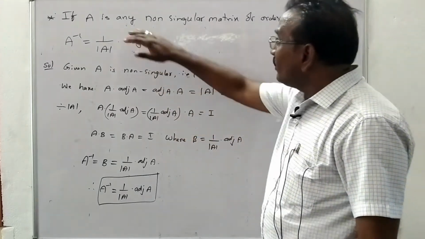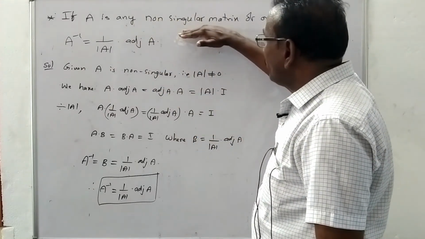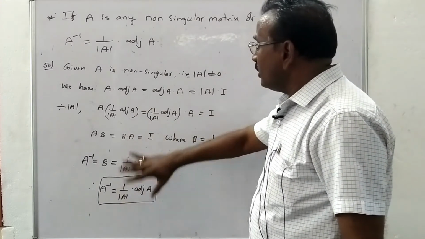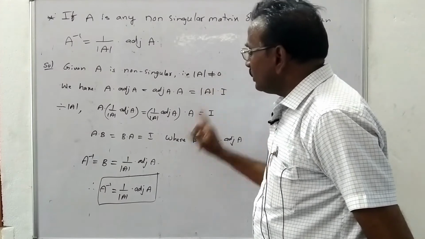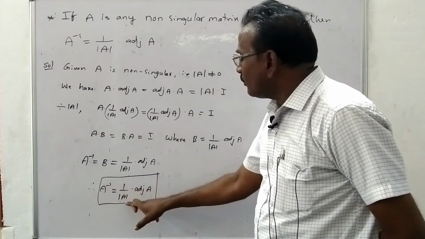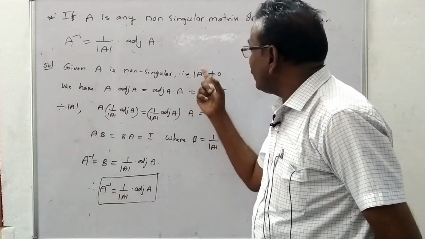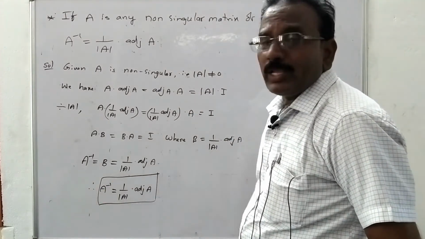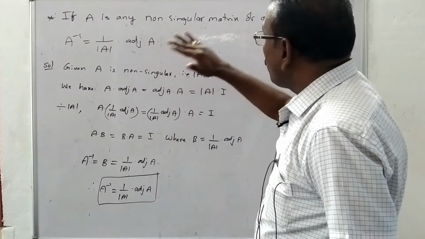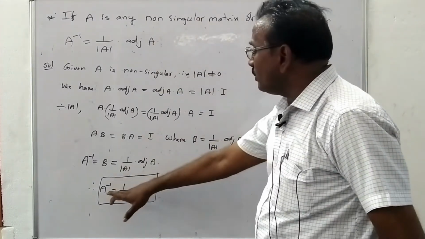So important: if A is non-singular, then only the inverse of a matrix exists. If A is singular, determinant of A is equal to 0, A inverse is 1 by 0, because your determinant is 0. So 1 by 0 is not defined, A inverse does not exist in that case. If A is a non-singular matrix, then only A inverse exists.